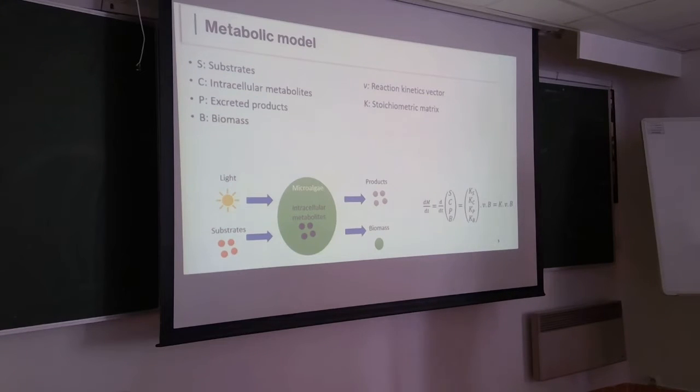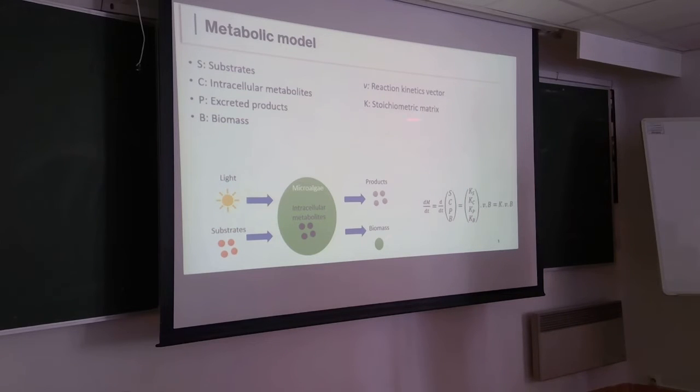So a general description for the metabolic models is in this way: ordinary differential equations, where we have the substrates, which are outside of the cell, in the medium. Then you're gonna have some intracellular metabolites, represented by C. Then you have some products that are gonna be excreted by the microalgae, and also some biomass that is going to be produced.